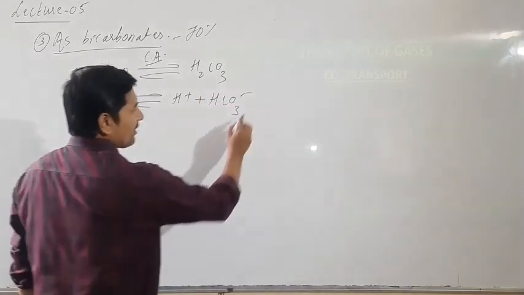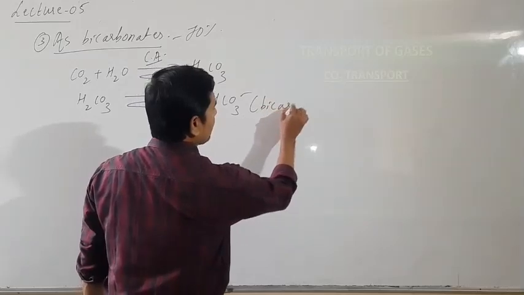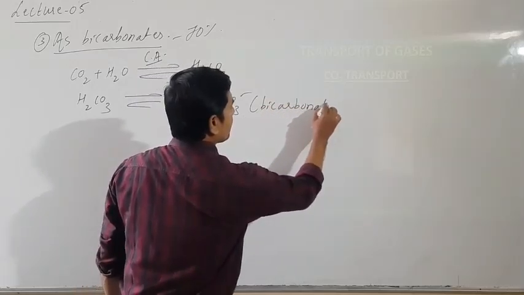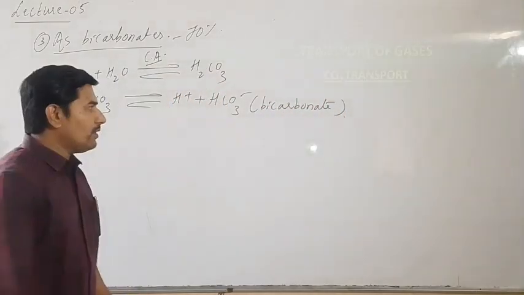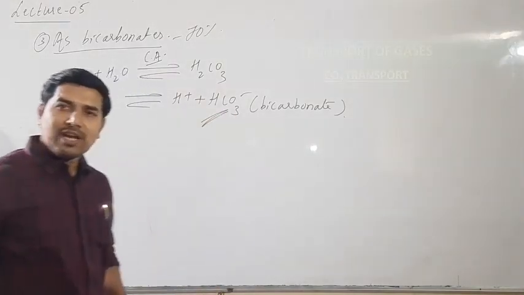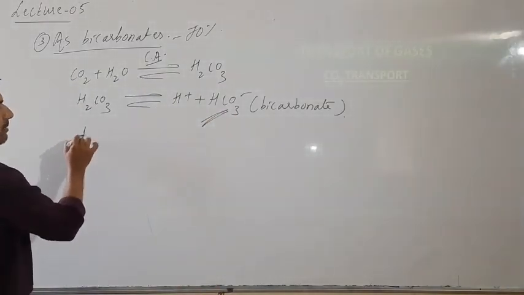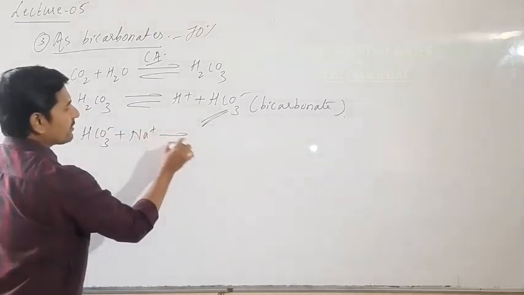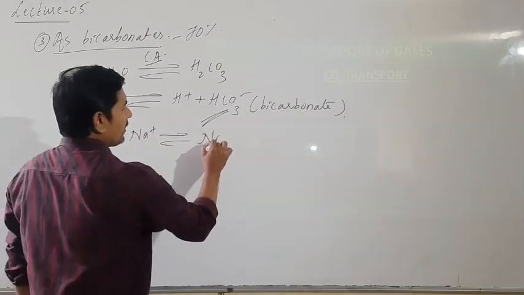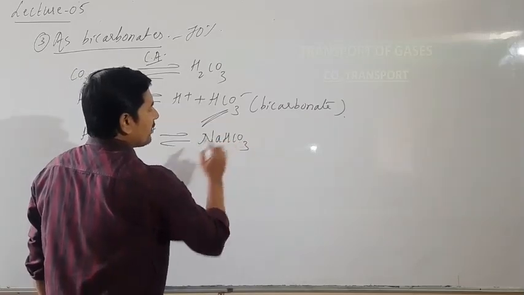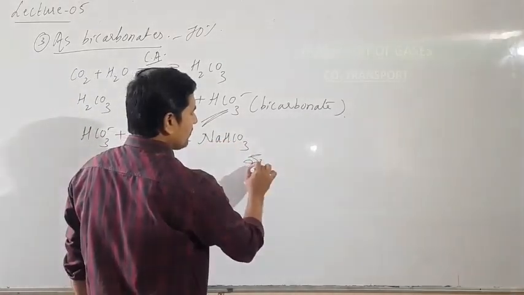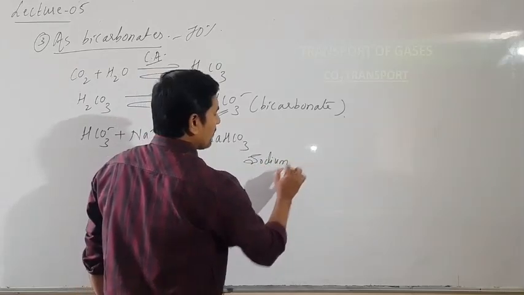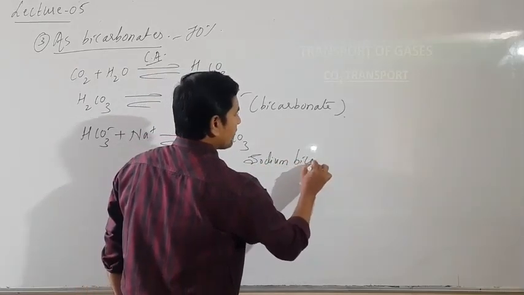HCO3 is nothing but a bicarbonate ion. Now this HCO3 will combine with sodium and potassium ions. HCO3 combines with sodium ions to form NaHCO3. This is called sodium bicarbonate.